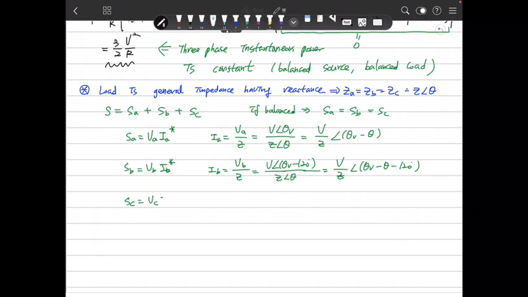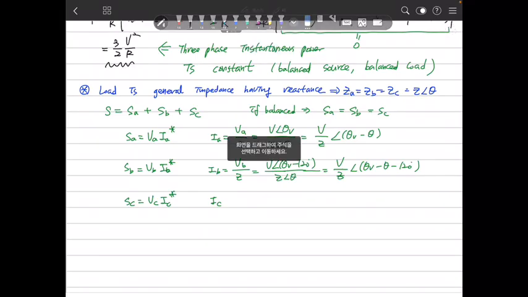And SC is VC IC conjugate. So IC, actually, no, we need to think about this more.